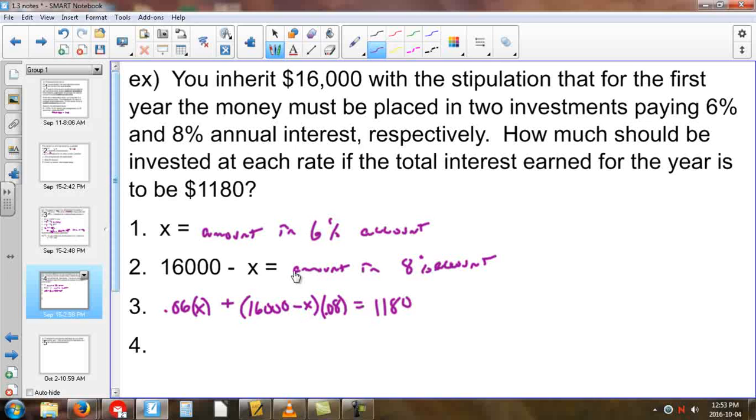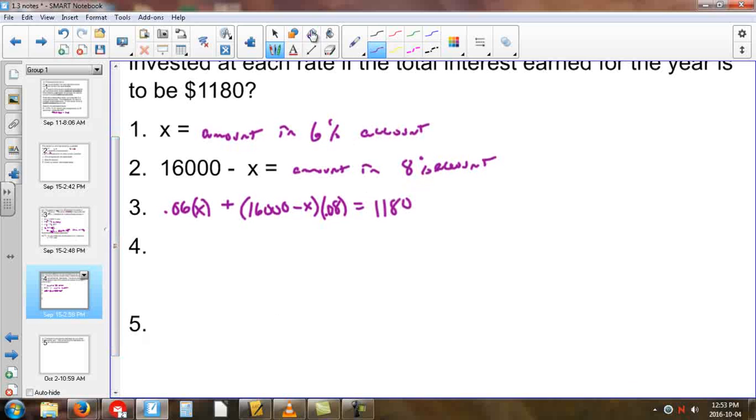The rest of the problem is about solving and then checking our work. So this gives me 0.06x plus 0.08 times 16,000 is 1280, minus 0.08x equals 1180.